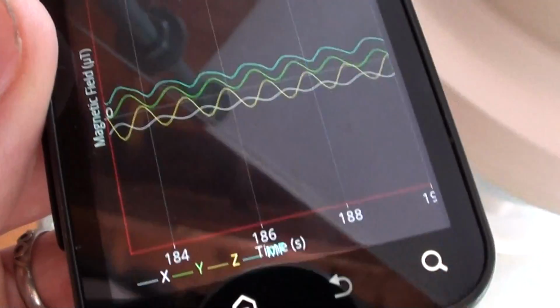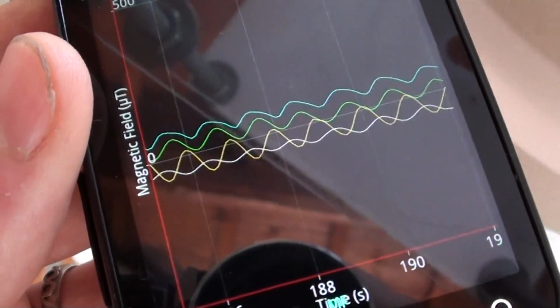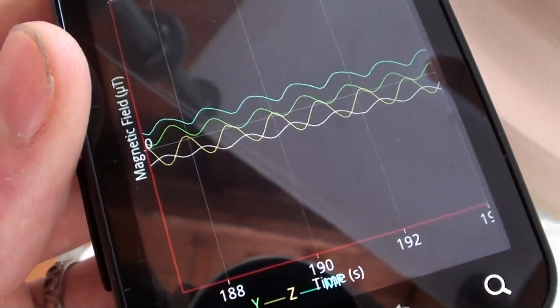Okay, now we can clearly see this periodicity.